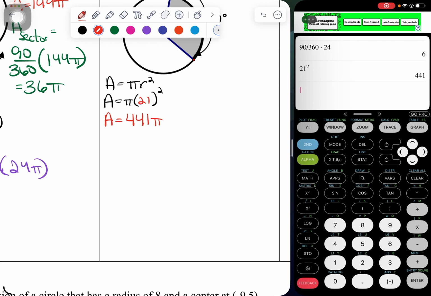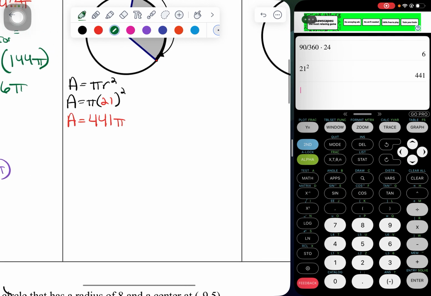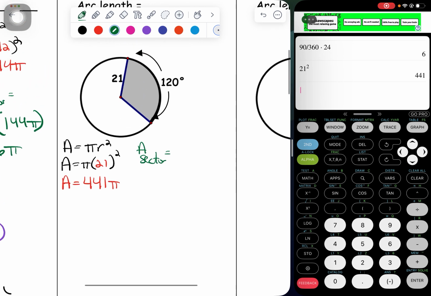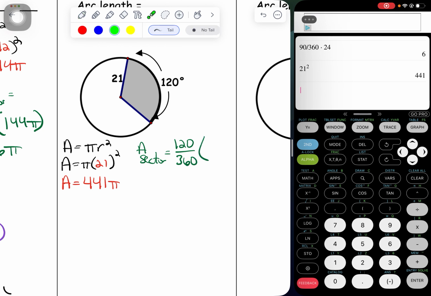Okay. So if we're going to talk about now area of a sector, so area sector here, we need a fraction. What fraction? Well, this is now this arc measurement, which is 120 degrees. So we're going to do 120 over 360 times this full area of the circle.